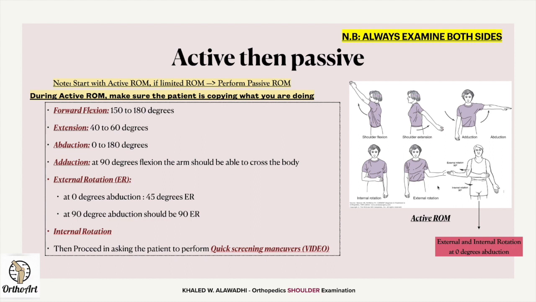There's also external and internal rotation at 0 degrees abduction and at 90 degrees abduction, which I will show you later in the special tests. Then you ask the patient to perform the quick screen maneuvers: hands behind your back and hands behind your head, to examine certain functions.